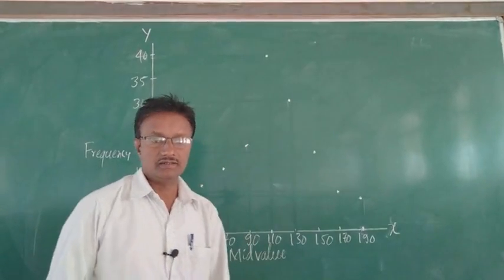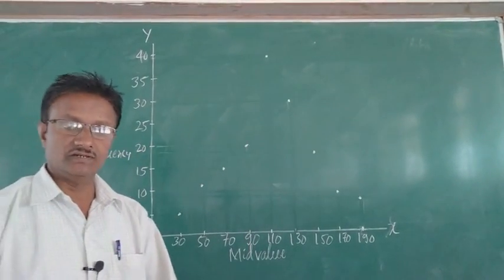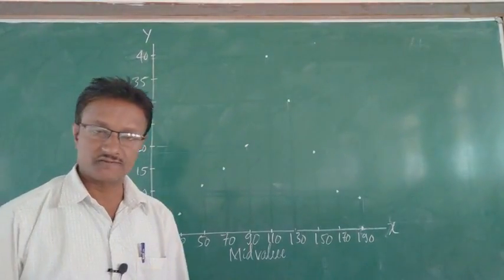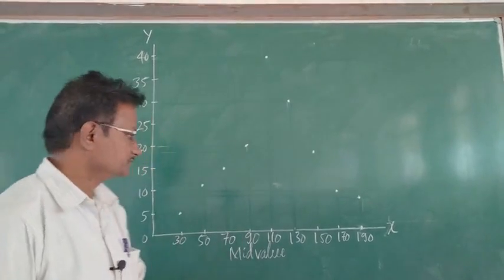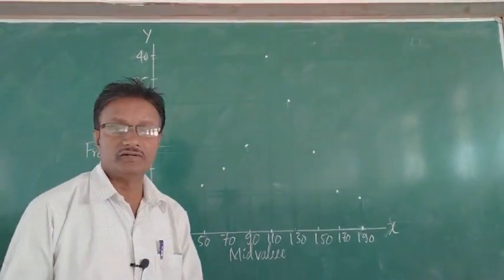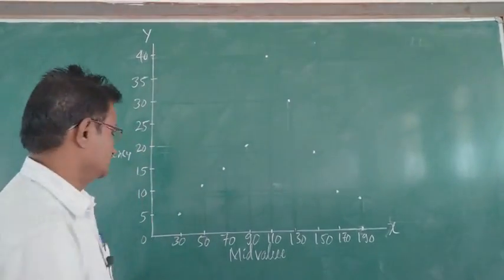When all the points are plotted corresponding to mid value and frequency, we have to draw a straight line through all these points.